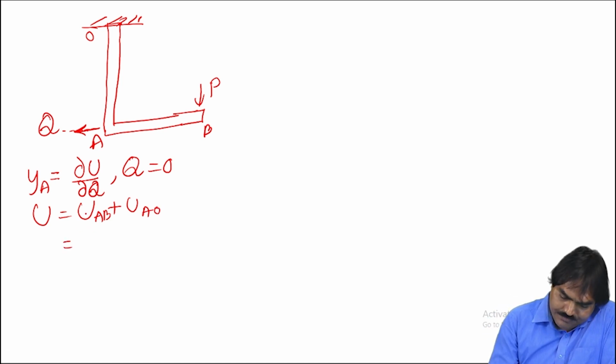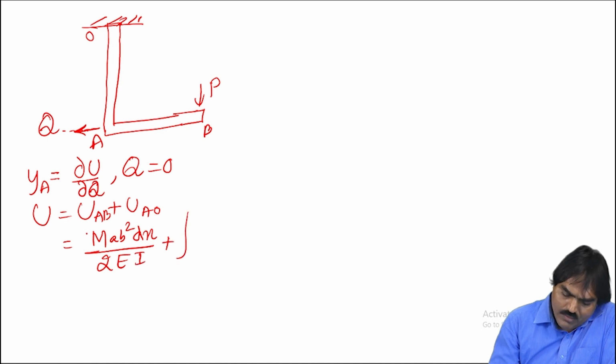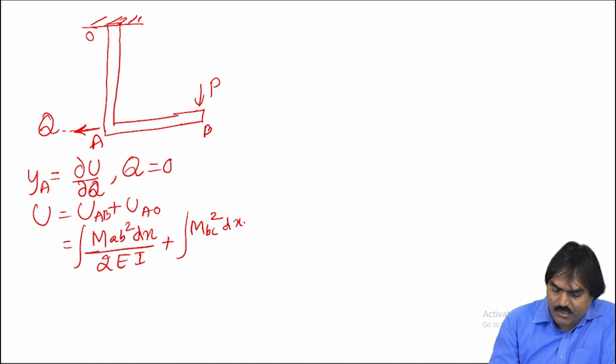That is given by M_AB square dx by 2EI plus M_BC square dx by 2EI.